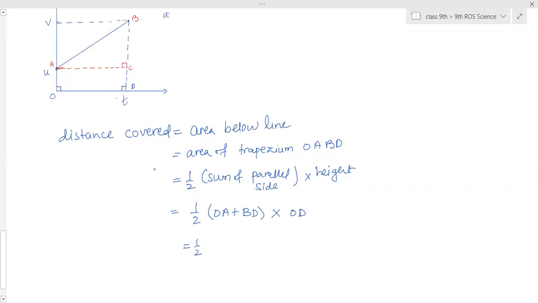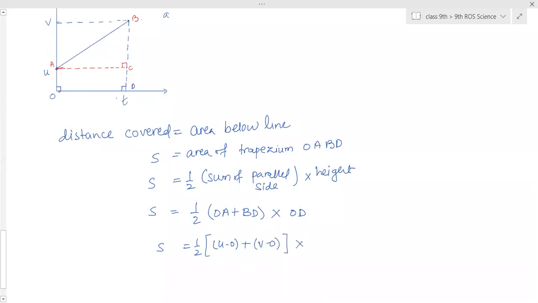So the distance covered S is equal to half into OA. What is the value of OA? U minus 0. Then BD, full BD, V minus 0.